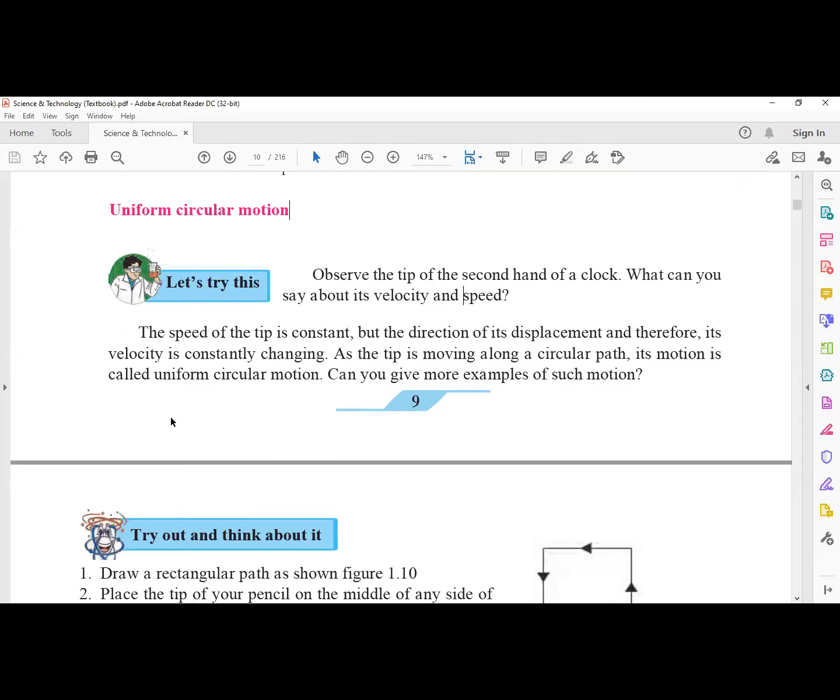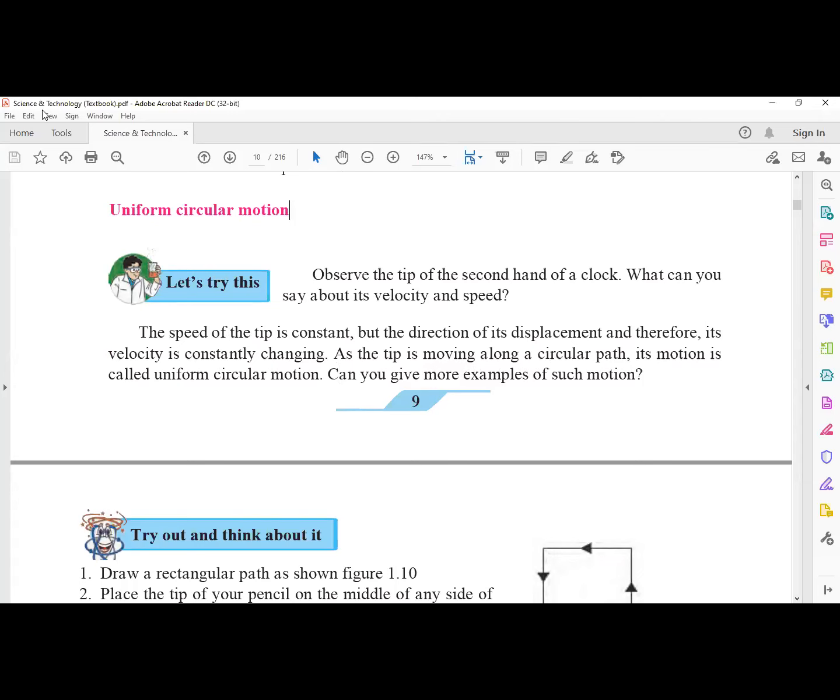So the speed of the tip is constant, but the direction of its displacement and therefore its velocity is constantly changing. As the tip moves along the circular path, its motion is called uniform circular motion. Now, can you give more examples of such motion, like a clock hand?